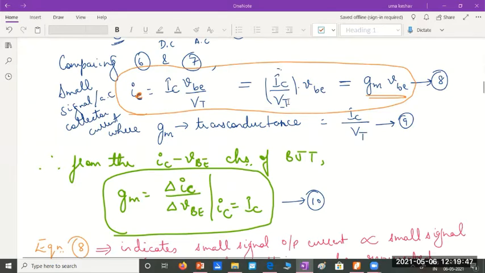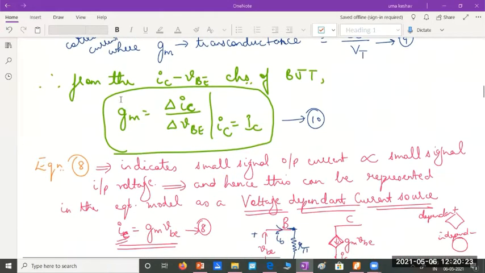The transconductance gm is the DC collector current IC divided by the volt equivalent of temperature VT, and this clearly shows that the AC output current depends on the DC bias value of current, capital IC. So the output AC current here, small ic, depends on the DC collector current. So fixing the operating point correctly is very important. So this is the first equation which we derived.